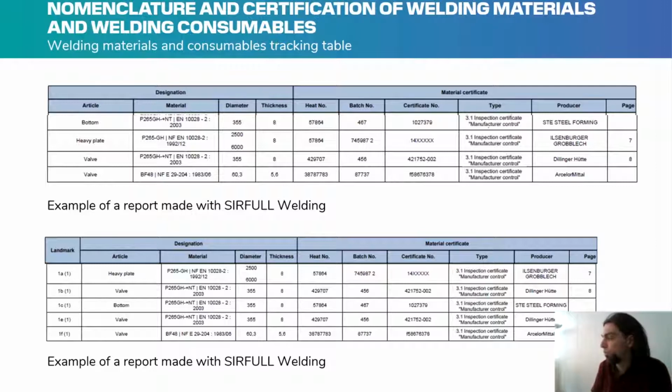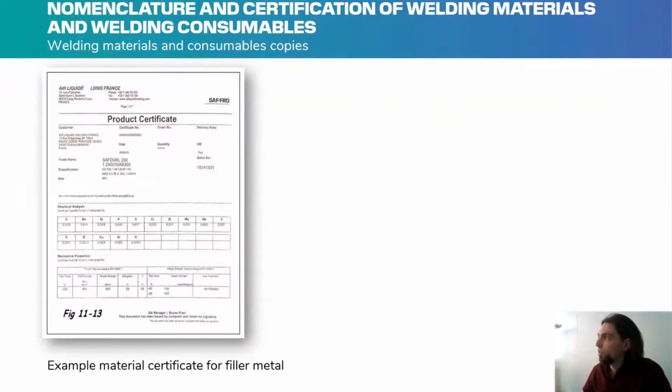So if you don't have a software, take a spreadsheet and copy this kind of templates and organize your material and filler metal like that. So you need to provide the number of the certificate. So you have to store a copy of the certificate for the welding material and filler metal, of course.